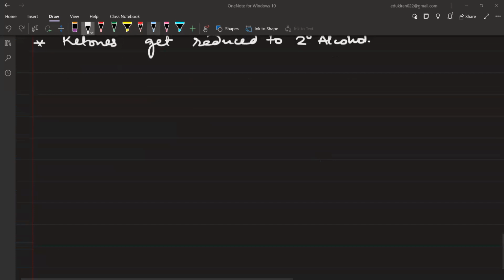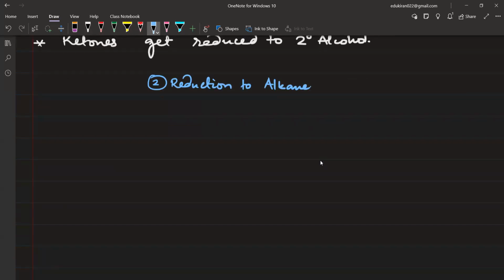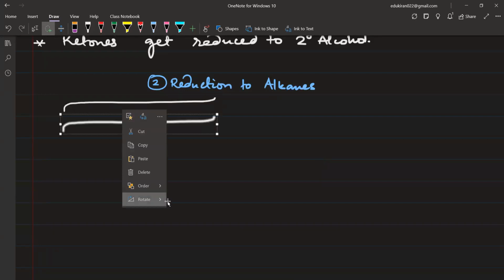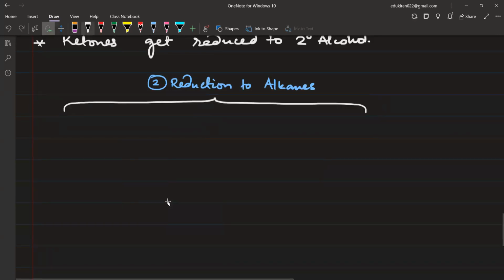Second is reduction to alkanes. A reduction to alkanes can be done in two different ways, and both of these are very important. Both of these are named reactions. One is known as Clemmensen reduction.